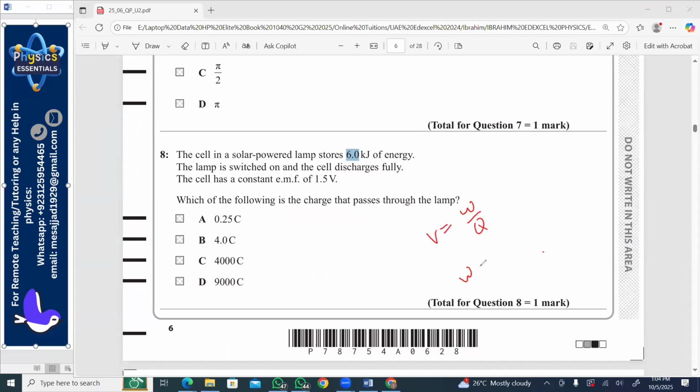From here, work is VQ, and from here, Q is W over V. W is 6,000 divided by V, 1.5. So the answer is going to be C, 4,000.